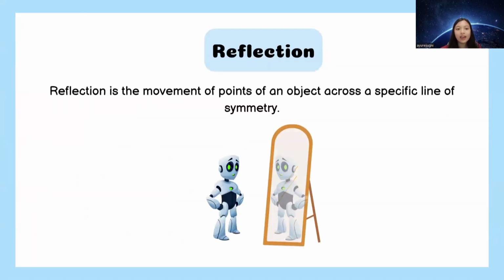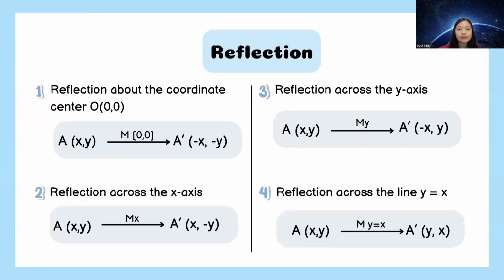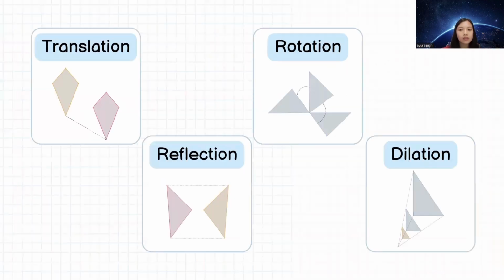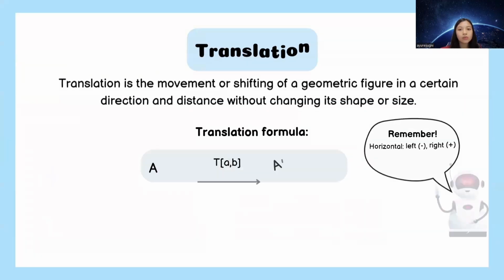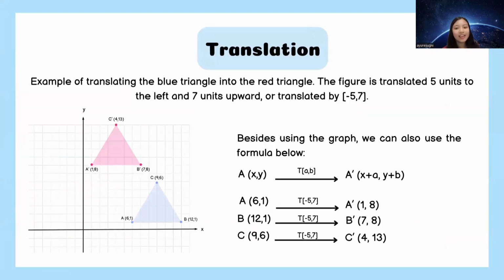Now, let's study the example. The blue triangle is translated into the red triangle.